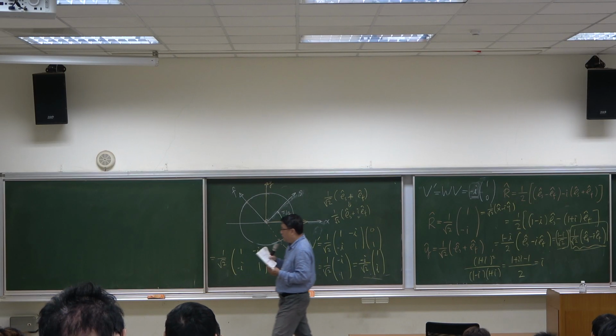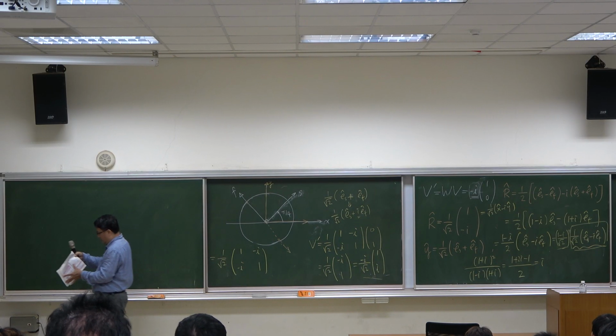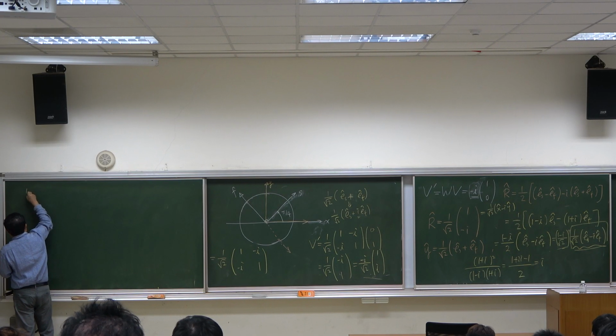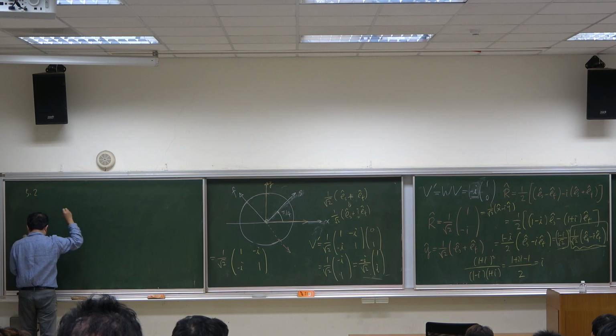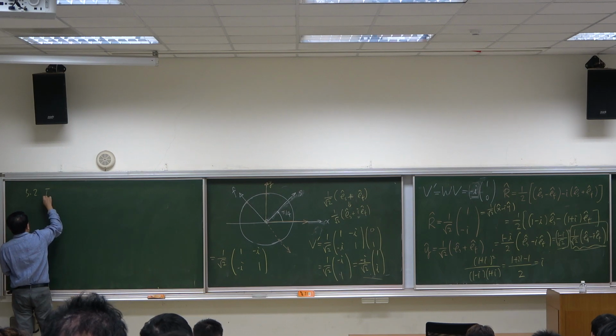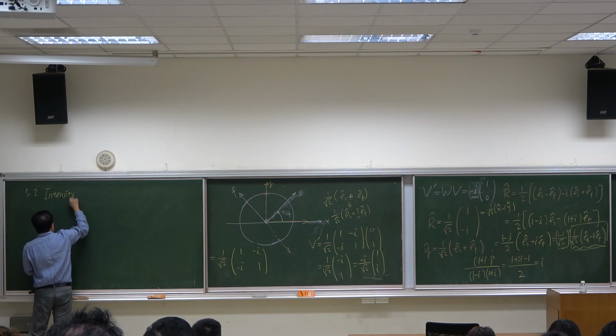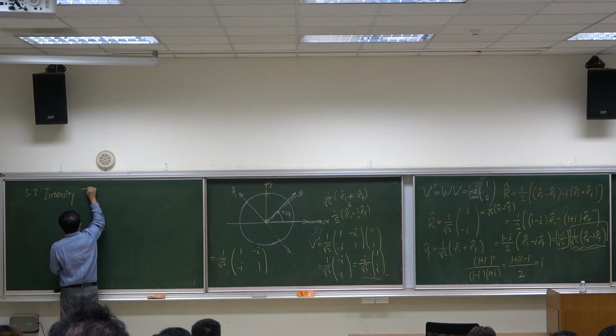So now we consider the combination of wave plate and polarizer. Section 5.2 is called intensity transmission.